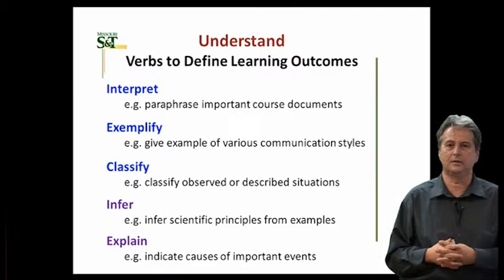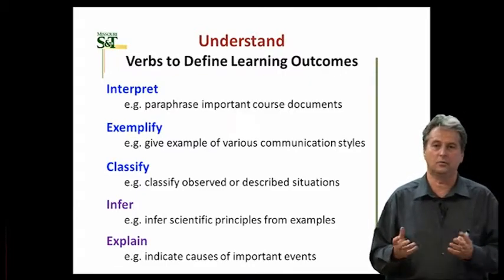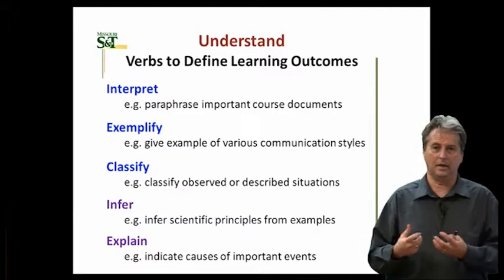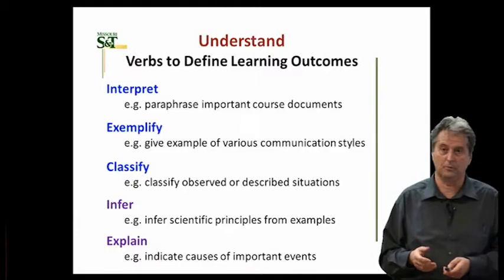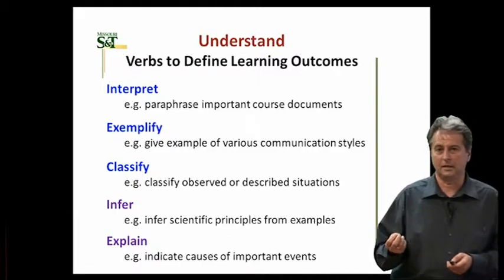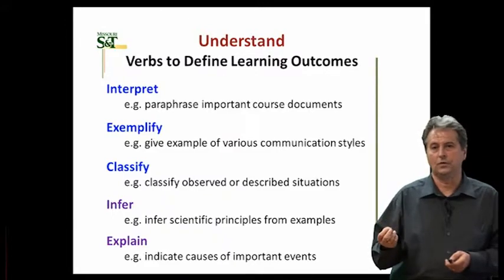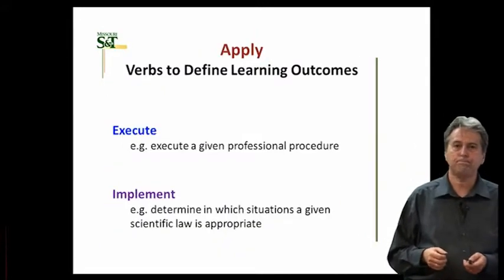For example, causality is one pretty tough cookie for everybody to digest and understand. So explaining a causal relationship is a pretty good example of a difficult type of activity that students have to do to show that they really understood something.